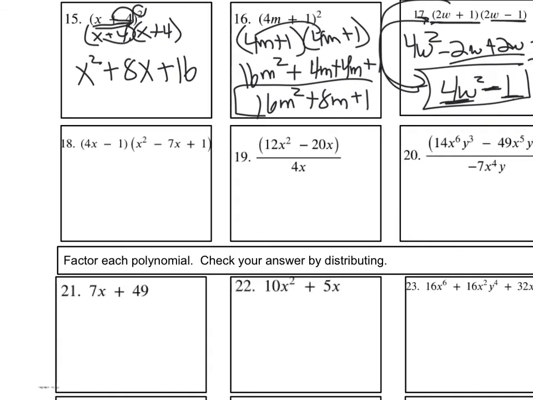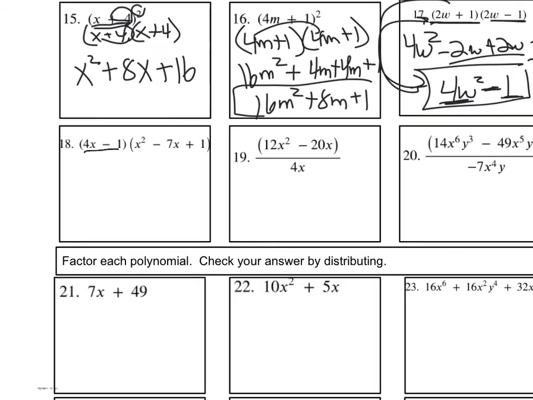All right, this one is a binomial. It's got 2 terms. 3 terms means it's a trinomial. Again, all you're doing is distributing 4x times each term and then negative 1 times each term.